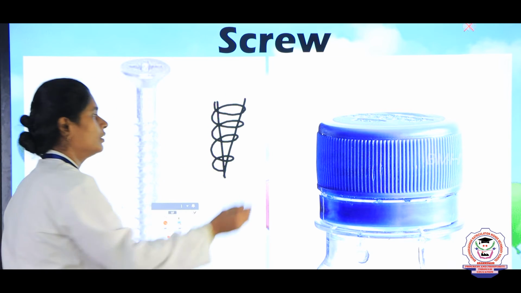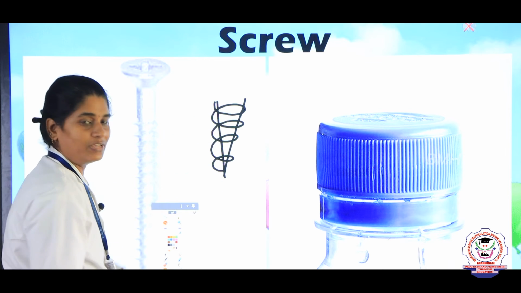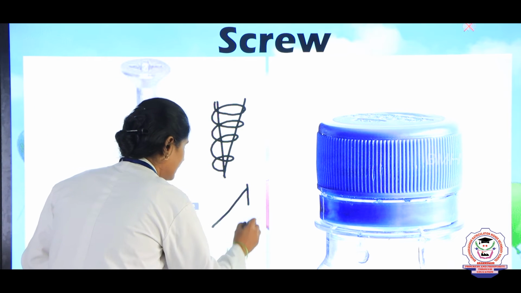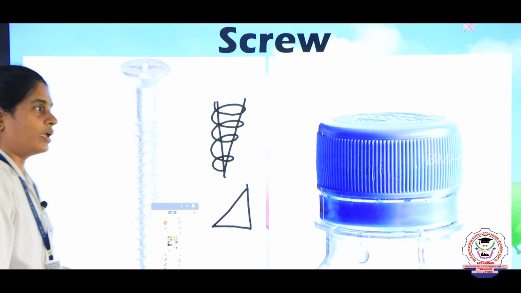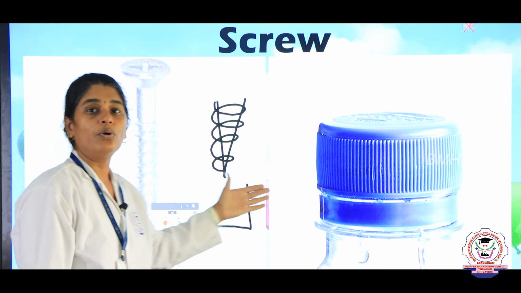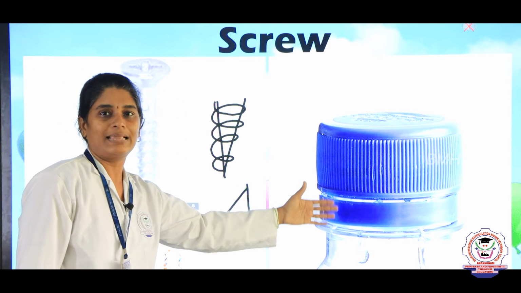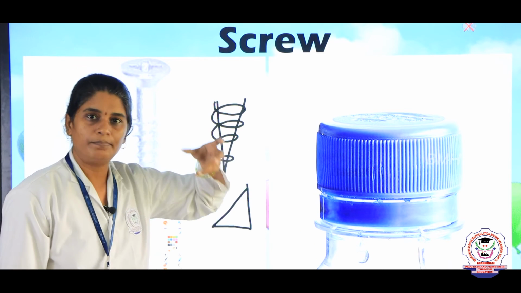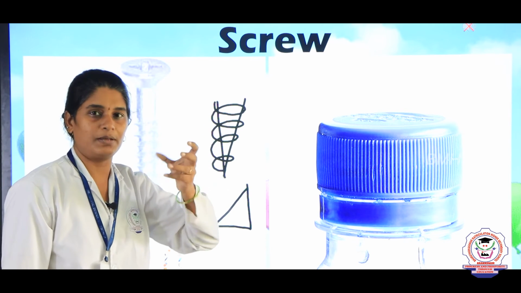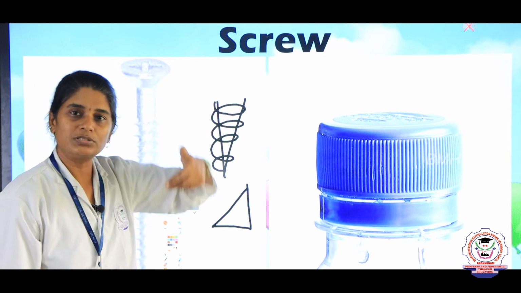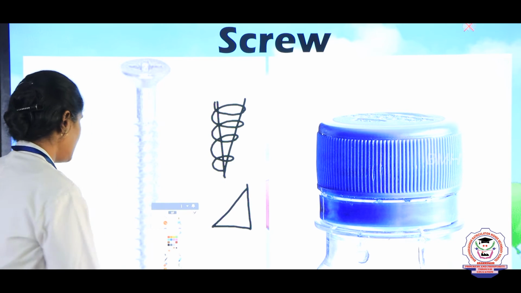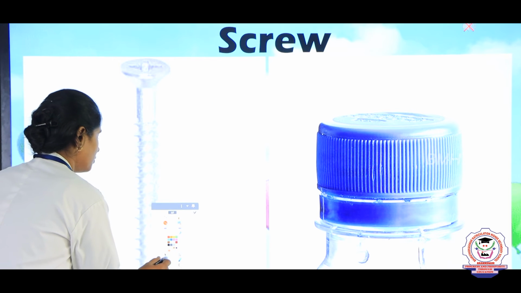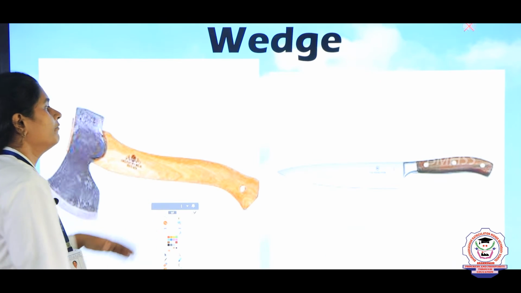Examples of this are screws and bottle caps, right. Even in a bulb, we use this type of simple machine, right.